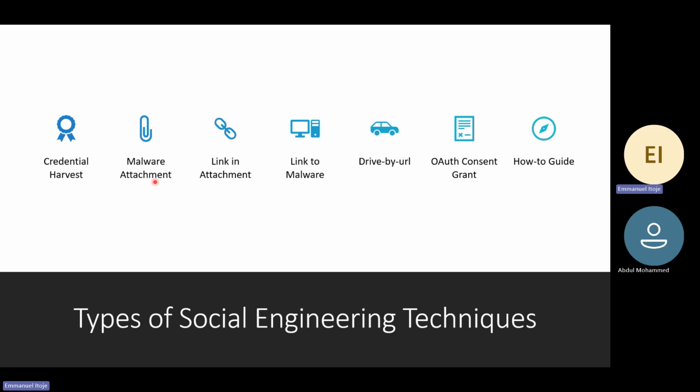Now the second one talks about malware attachments. For malware attachments, an attacker sends the recipient a message that contains an attachment. When the recipient opens the attachment, arbitrary code, for example a macro, runs on the user's device to help the attacker install additional code or further enrich themselves.